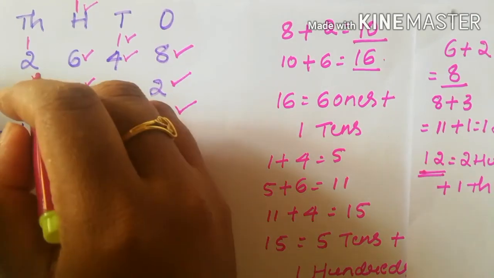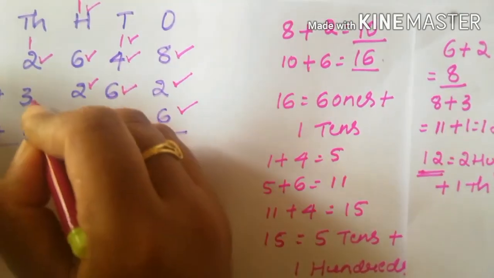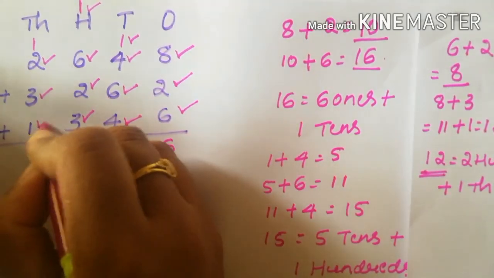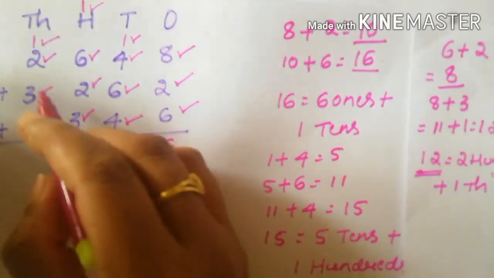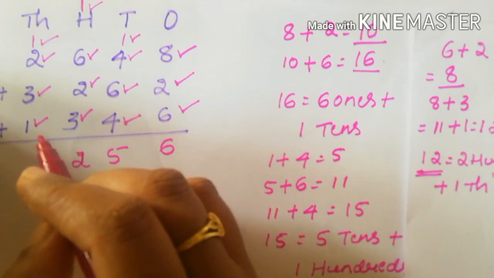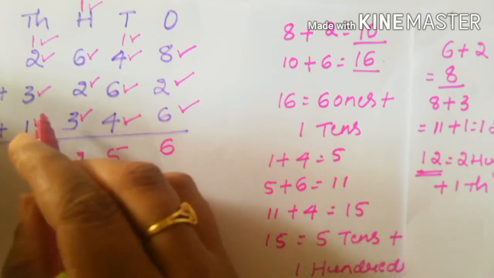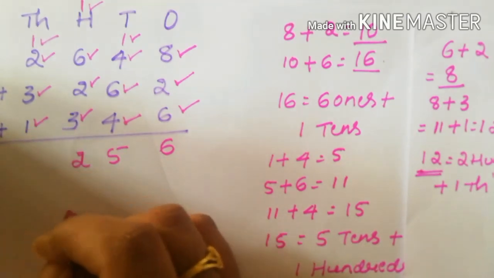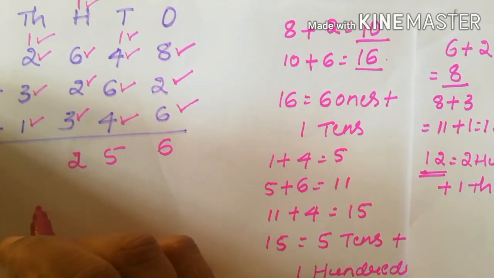First 2000, 3000, 1000 and the carry 1. 2 plus 3 is equal to 5. 5 plus 1 is equal to 6. 6 plus 1, the carry, is equal to 7.